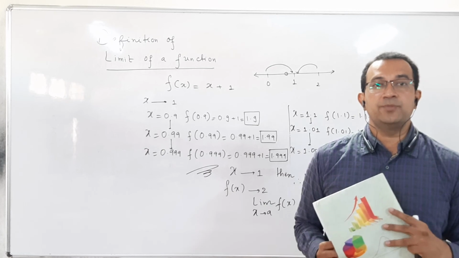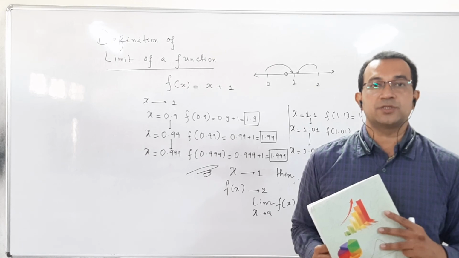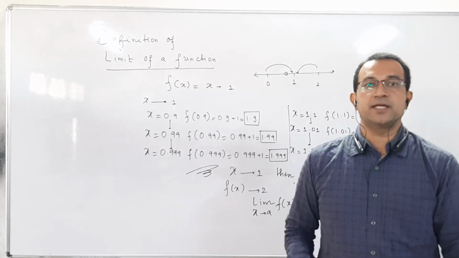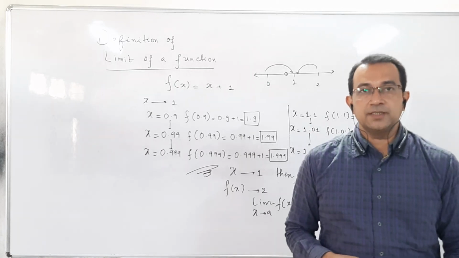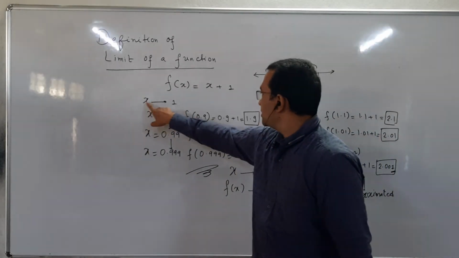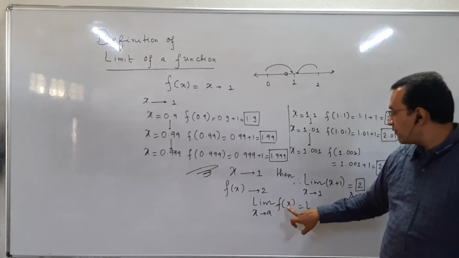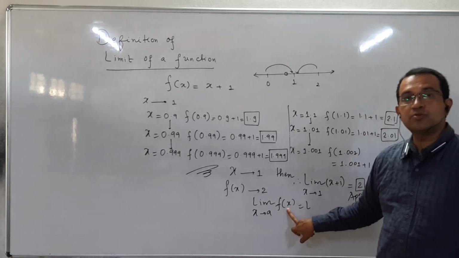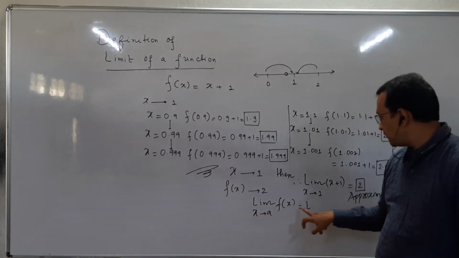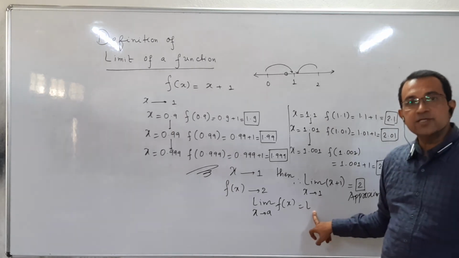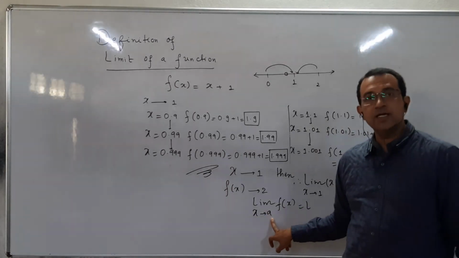Once again, I am repeating, write this definition thrice, and today's theory is also thrice. Last and final time, students, the definition of limit of a function. When the value of variable x is brought closer and closer to a real number a, f of x comes closer and closer to a definite real number L. Therefore, as x tends to a, f of x tends to L. So L is called the limiting value of the function as x tends to a.